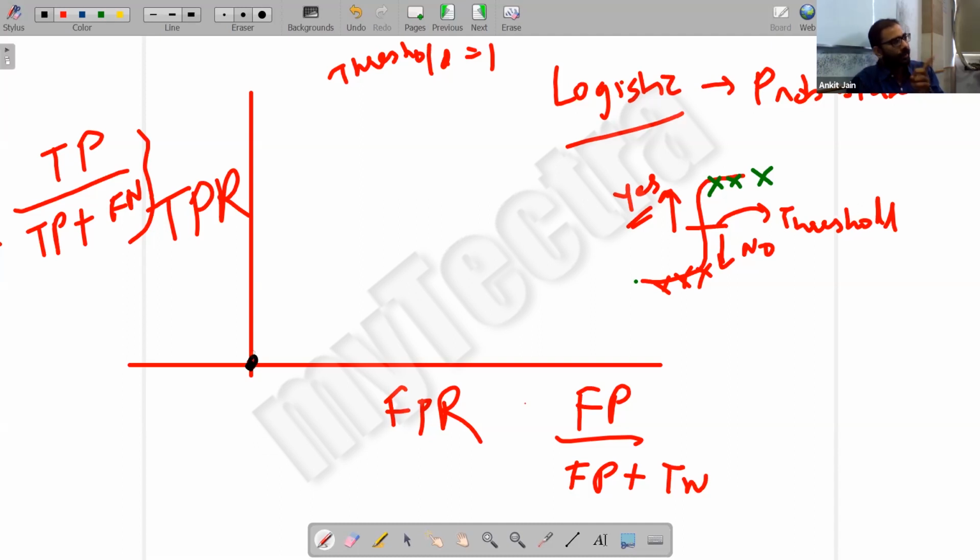If your threshold is 1, how many positives will you give as prediction? 0. You will not give even a single positive prediction, right? So what will be your false positive?